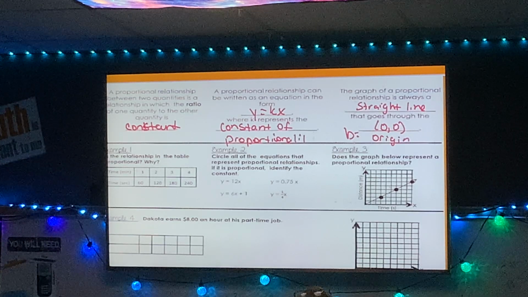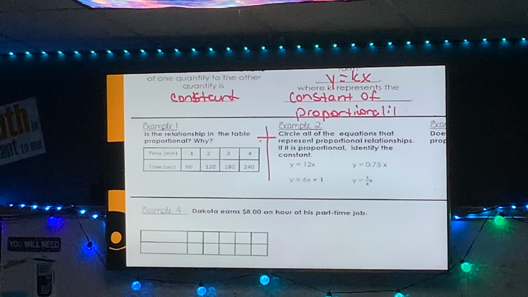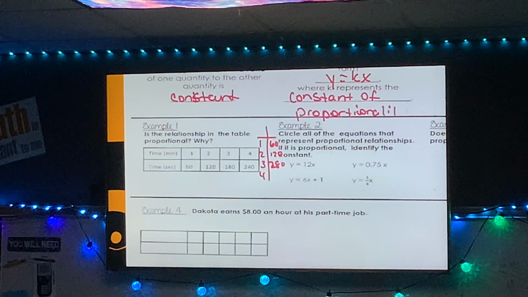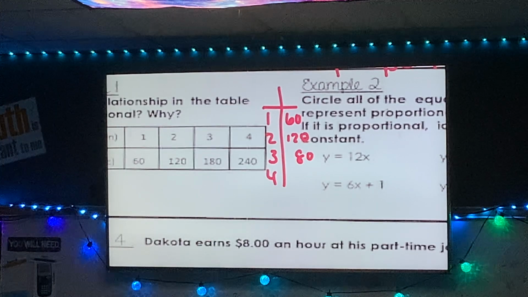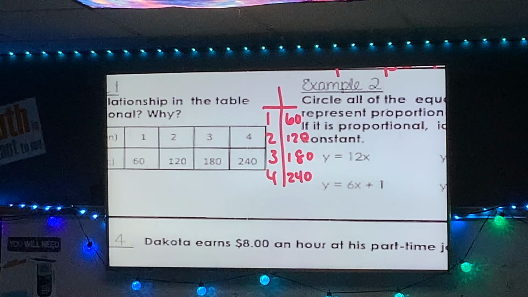First thing we do is when we have a graph, a table, we're going to turn that table right side up. 1, 2, 3, 4, 60, 120, 180, and 240. Pick up your calculator.